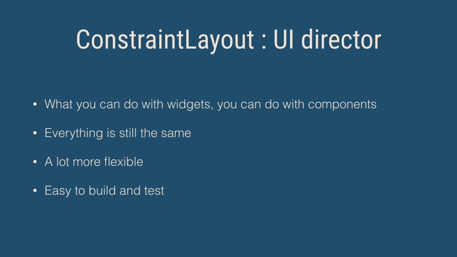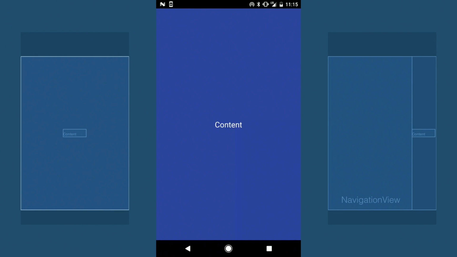You can actually move around entire components. You still have everything that you have, with the constraints and the transitions and all of that, but now you do it at a slightly higher level. Still very flexible, and it's a lot easier to build and to test than other solutions.